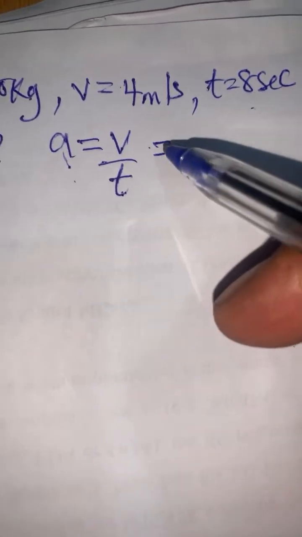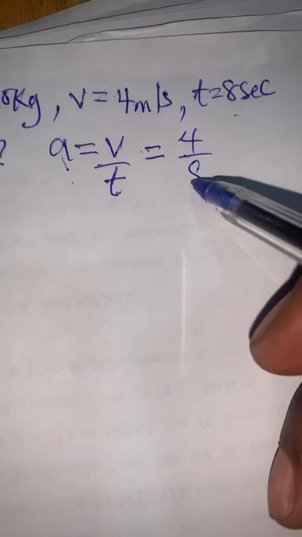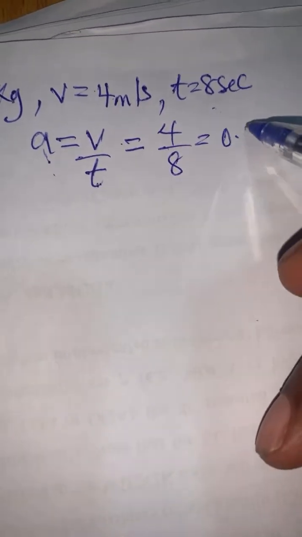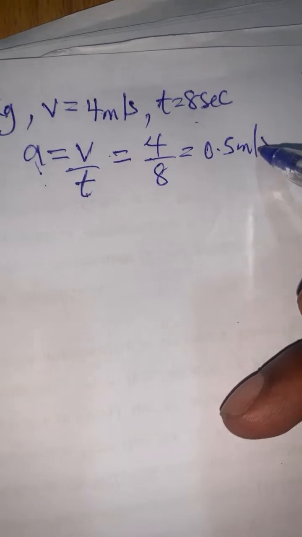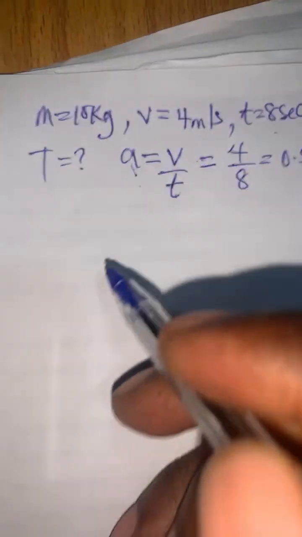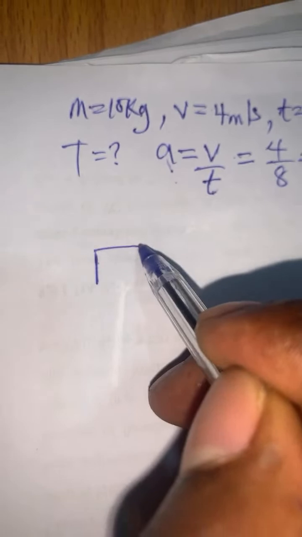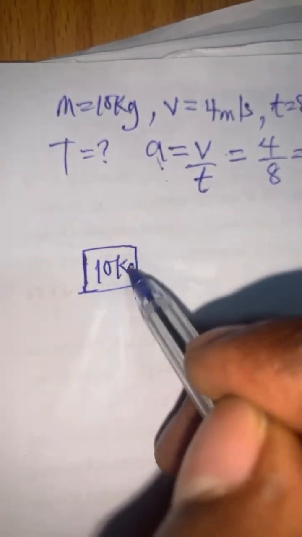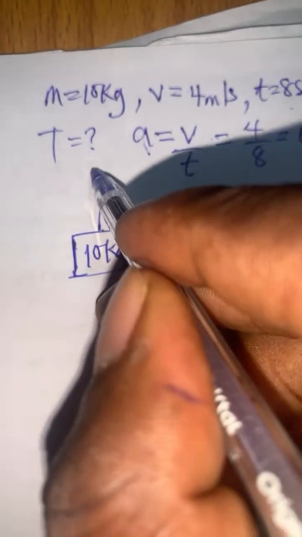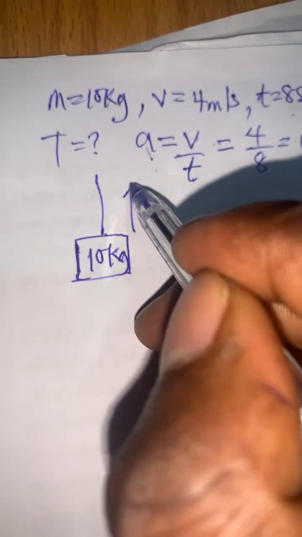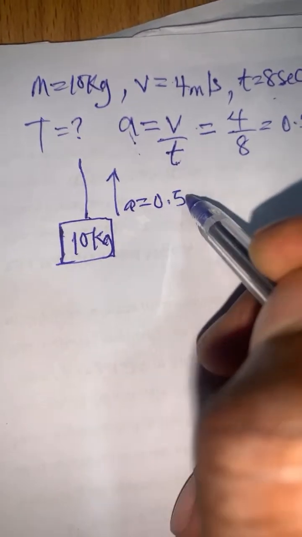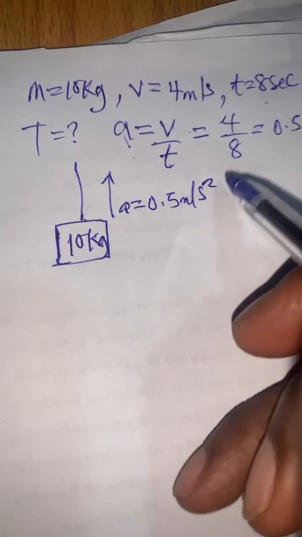Okay, beautiful. So we have 4 divided by 8, which is 0.5 meter per second, right? The explanation is that if we have a mass of 10 kg, I need a force to pull it up, and the acceleration is 0.5 meter per second squared.